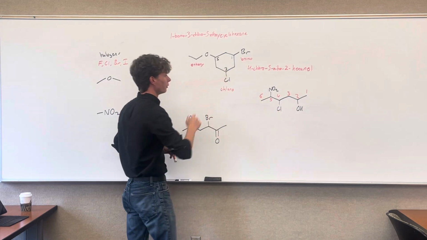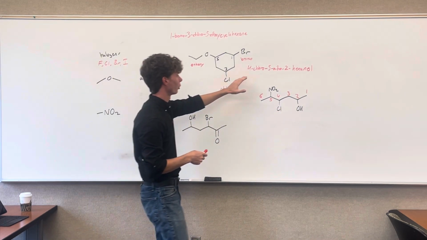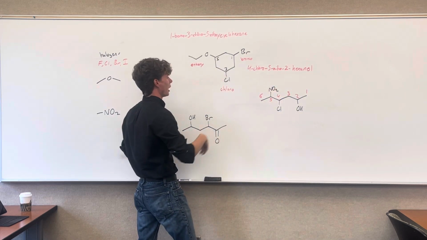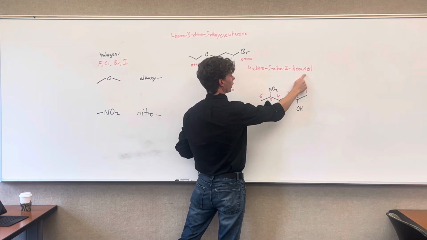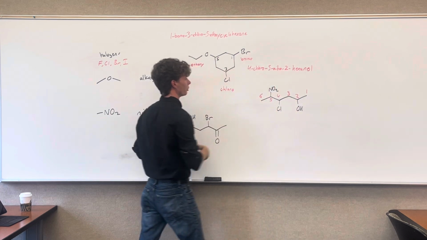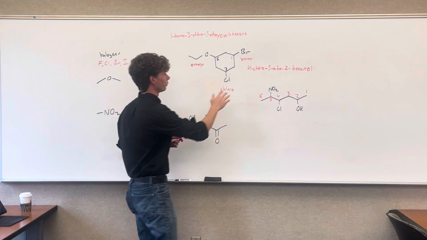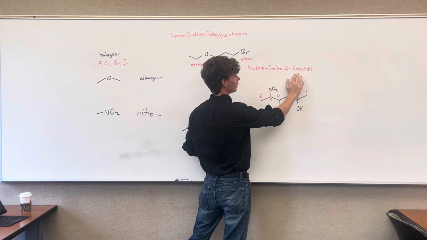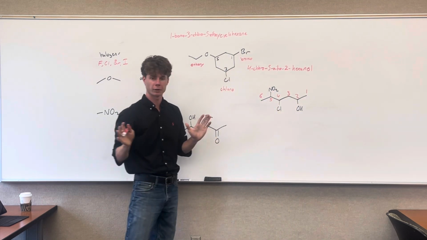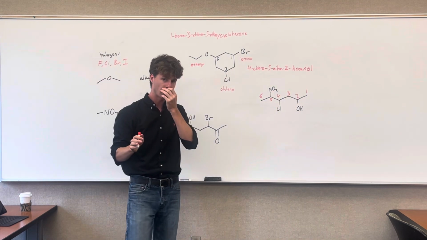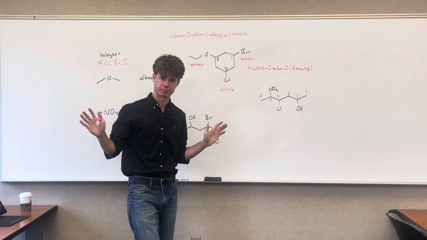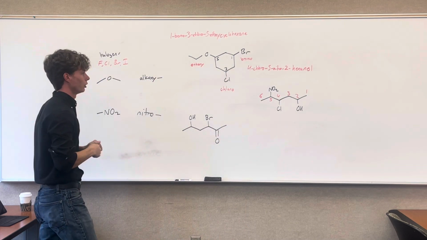I put chloro before nitro because of alphabetical order. And I designated my alcohol before I got to the root and suffix with the number 2. I could also call this 4-chloro, 5-nitrohexane 2-ol. Perfectly acceptable. Maybe you do it that way. If that works for you, that's fine. But we should know that those are going to be the same.